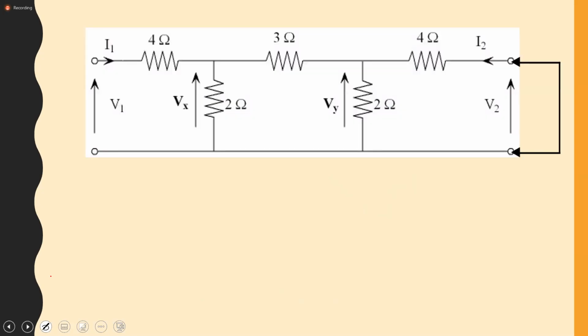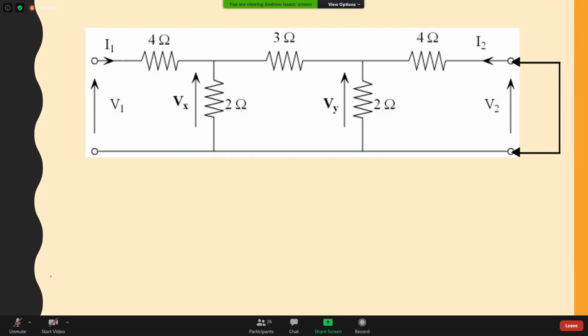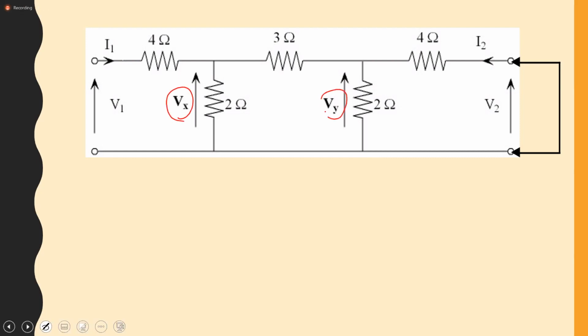With the short circuit still in place, what I've introduced are Vx and Vy. In other words, I just want the voltage at these 2 points. So this is Vx and this is Vy. The reason I'm doing that is because I want to determine the current passing through the 4 ohm resistor.